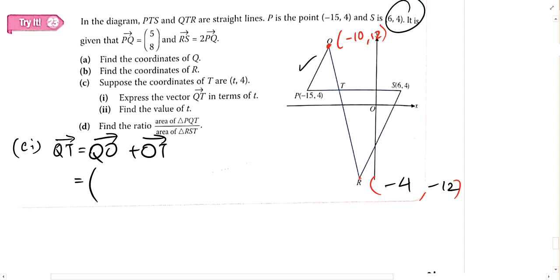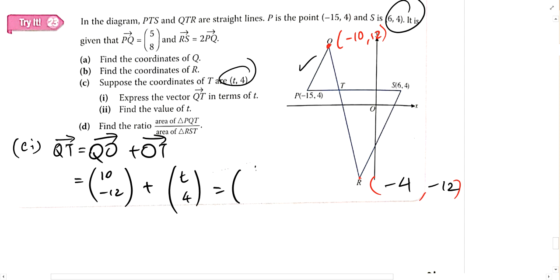Do you know what QO is? How much is it? Did we find Q just now? Yeah, (-10, 12), right? So what is QO? Who said (12, -10)? It is (10, -12). Plus OT, how much is OT? OT is (t, 4).